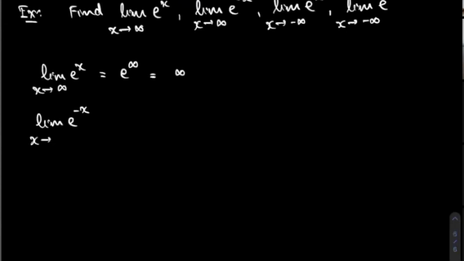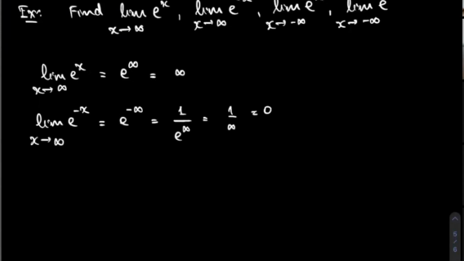Now for the limit of e to the negative x as x goes to positive infinity. So e to the negative infinity, right, is the negative exponent. You can turn it to the positive exponent as 1 over e to the infinity. Infinity is a big number. e to the infinity is a big number. 1 over the big number. What do you get in this case? 1 over infinity. What is 1 over infinity going to be? 0, right?